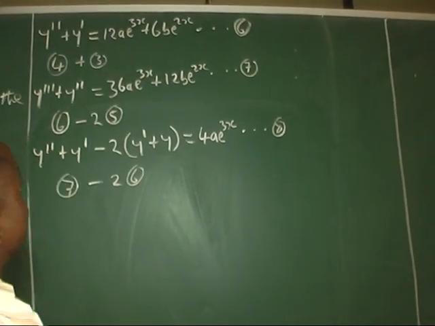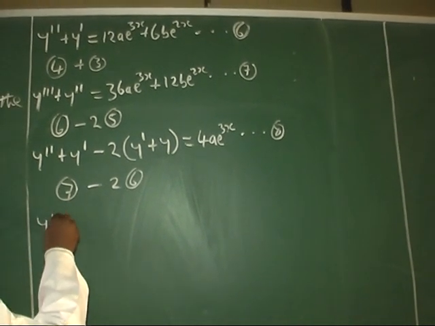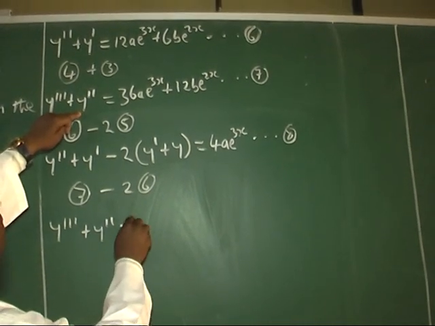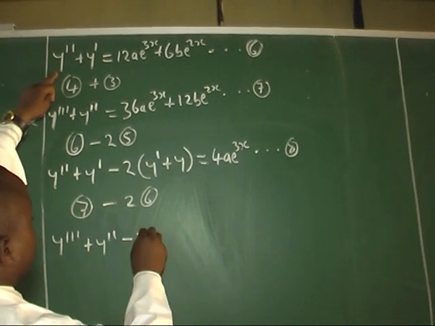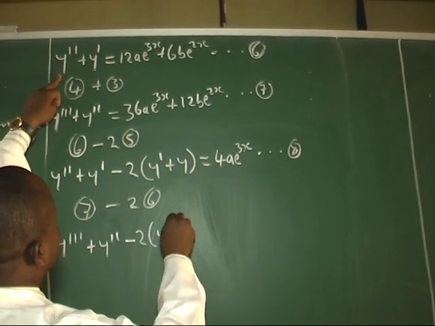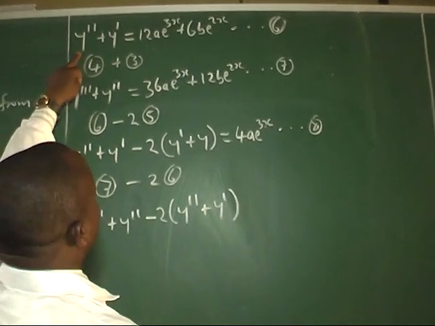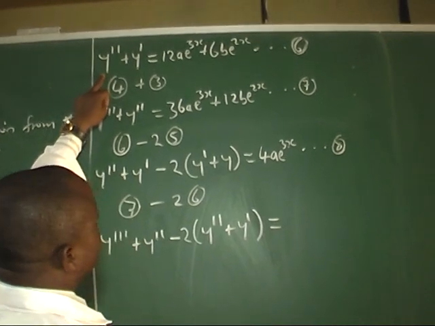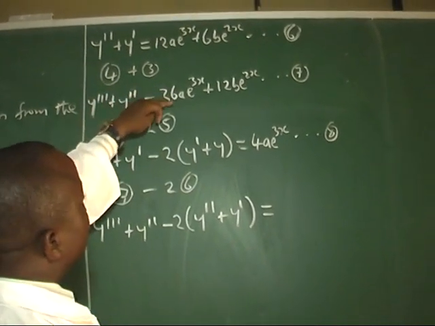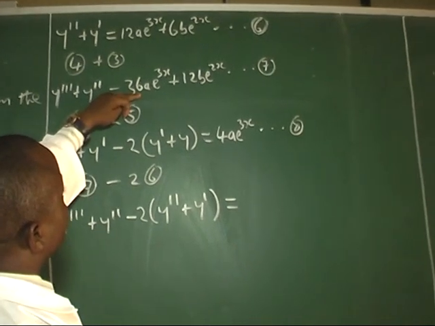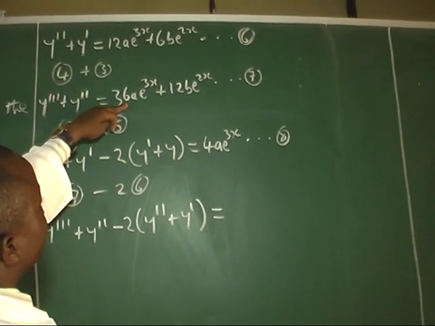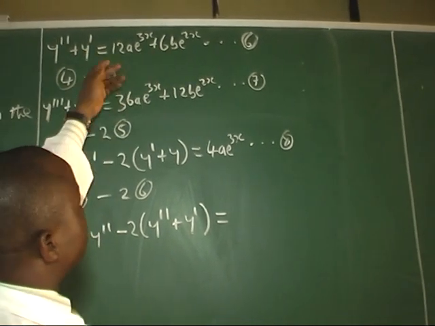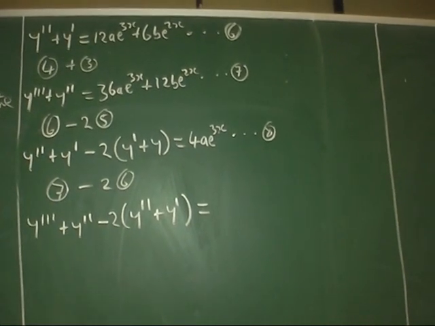So we now see y triple prime plus y double prime, that is this, minus 2 times y double prime plus y prime, will equal 36a e^(3x) minus 2 times this, that is minus 12.